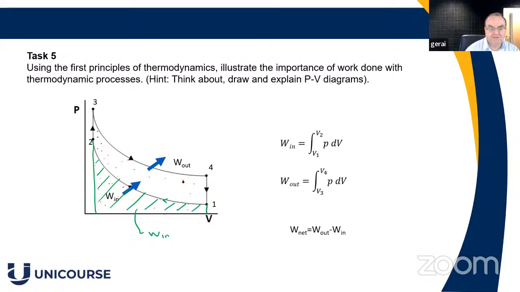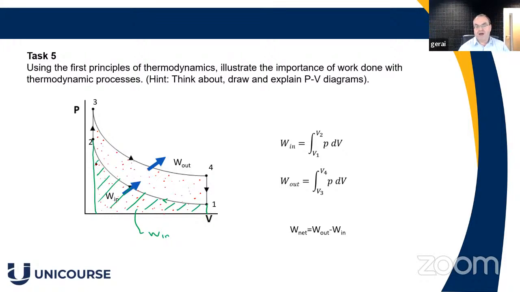The work done during the expansion process from 3 back to 4 is again the complete area underneath that plot from 3 to 4. I'll just put a few more dots in there to illustrate that. There's no empty spaces.